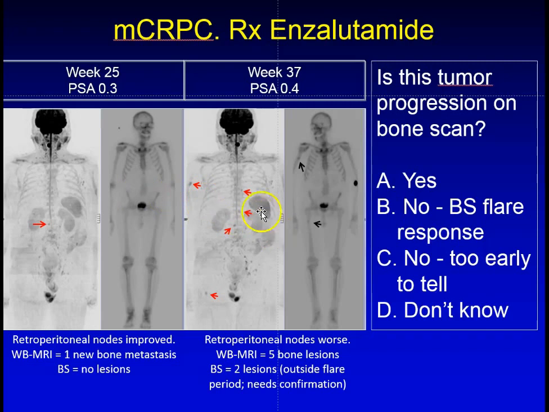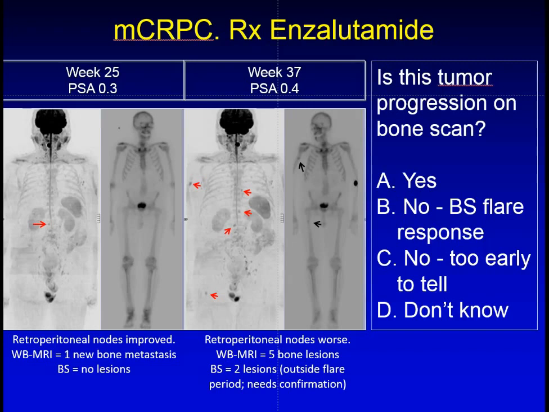Now at week 37, the PSA is still suppressed. We see 2 lesions. On the MRI, we're now seeing 5 lesions compared to the single lesion. Now, is this disease progression on the basis of the bone scan?